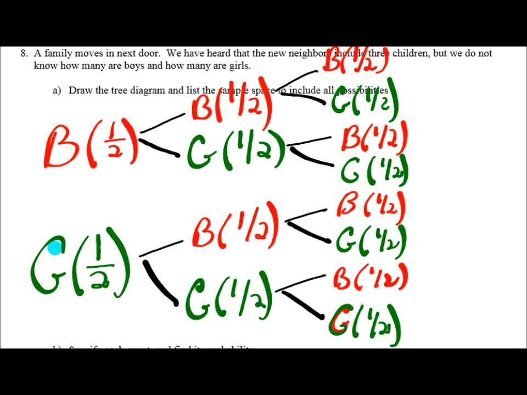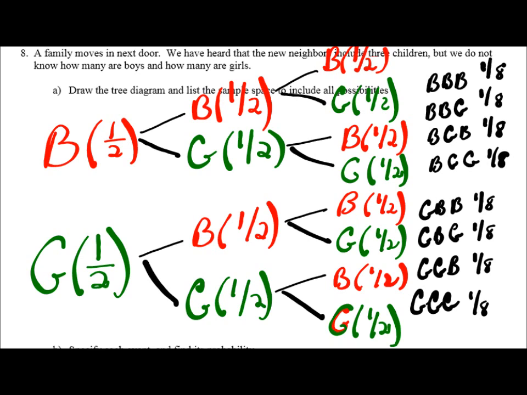And we can list out our sample space off to the side. Boy, boy, boy, boy, boy, girl, etc. Let's do that right now. So here's my sample space right off to the side here. I've got all the possible things I could have.